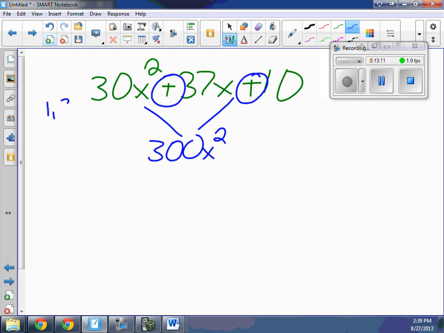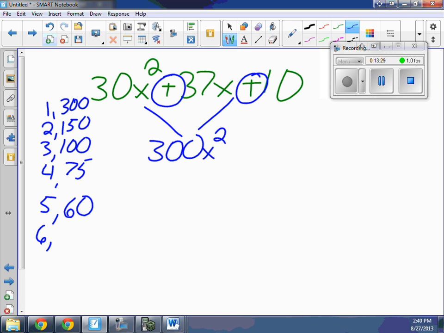So 1 and 300 obviously doesn't work. 2 and 150, 3 and 100, 4 and 75, 5 and, let's see, that would be 20, 40, 60, 6, so it would be 6 and 50. 7 isn't going to work, 8 isn't going to work, 9, what's 300 divided by 9?